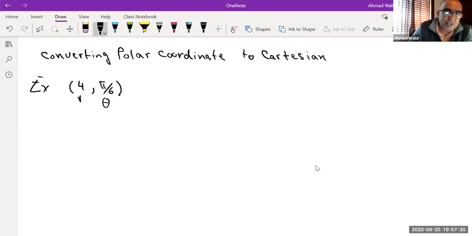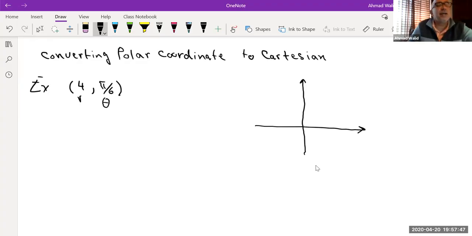I'm encouraging you to first find the position of this point in polar. It helps you a lot. 4 and pi over 6. Where is pi over 6? Pi over 6 in your graph is somewhere here, right? 30 degrees. For example, these dots are showing my circles.